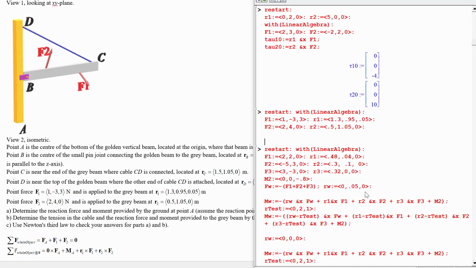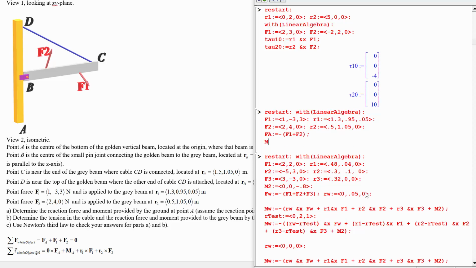And then we can figure out what the force at A has to be: FA is equal to negative F1 plus F2, and the moment at A being negative R1 crossed with F1 plus R2 crossed with F2.